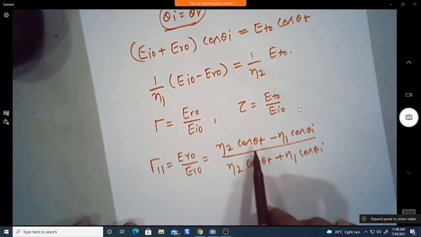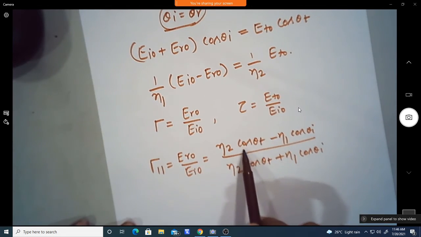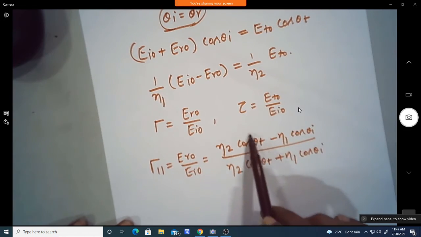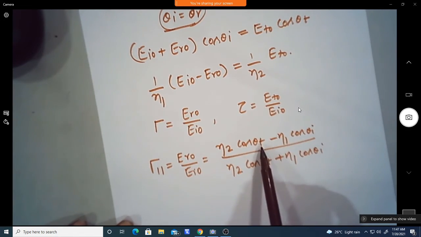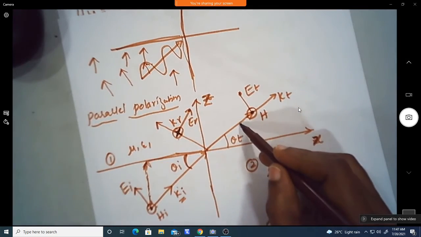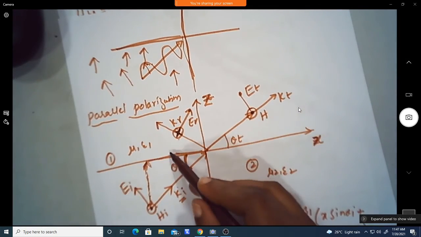If the angle of incidence theta I and the transmitted angle theta t are 0, that means cos theta goes to 1 and the sine terms go to 0.